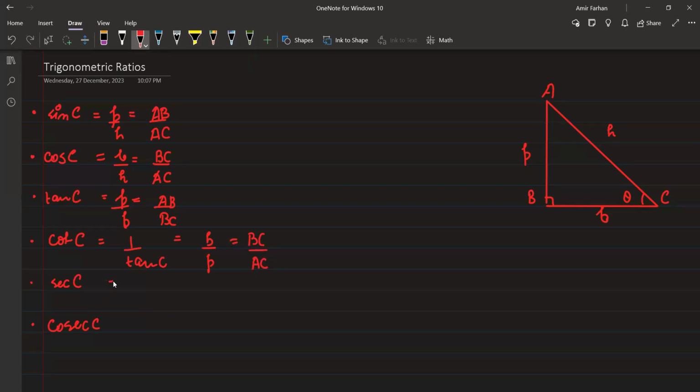Okay. Sec is the inverse of cos, so B upon H becomes H upon B, which is equal to AC upon BC. Clear? Cosec is the inverse of sine. Clear, everybody?